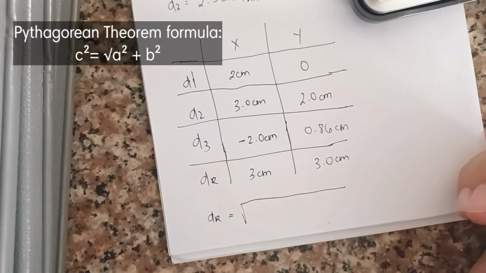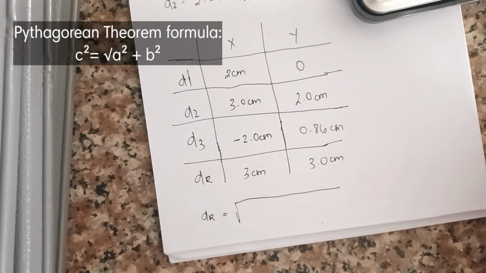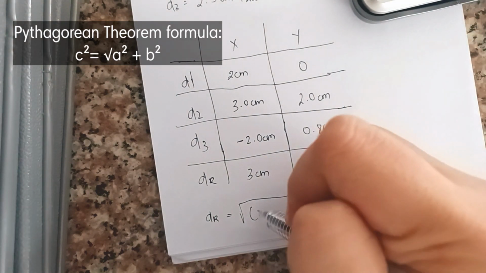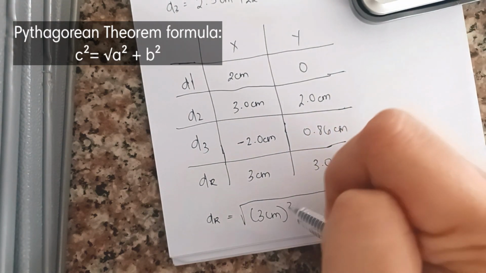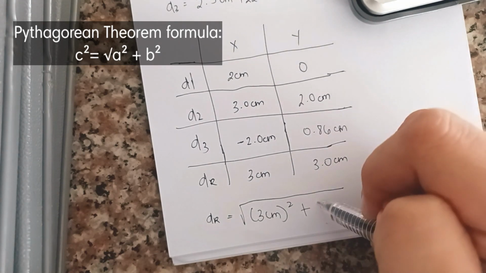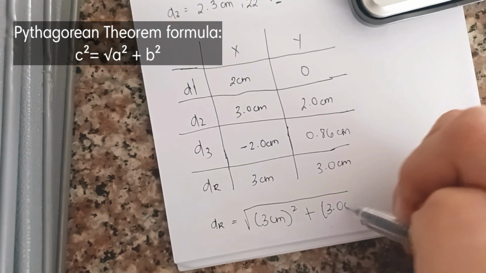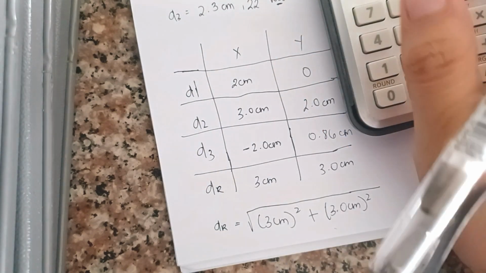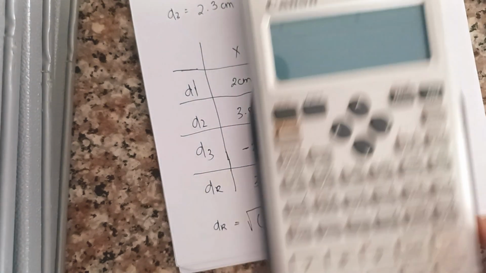Okay, so the formula of Pythagorean theorem is c squared is equal to square root of a squared plus b squared. Okay, so meron din dito. We'll put the 3cm squared plus 3cm squared. So we will solve it using our calculator.